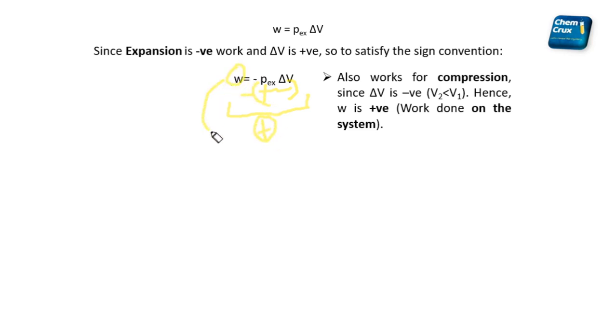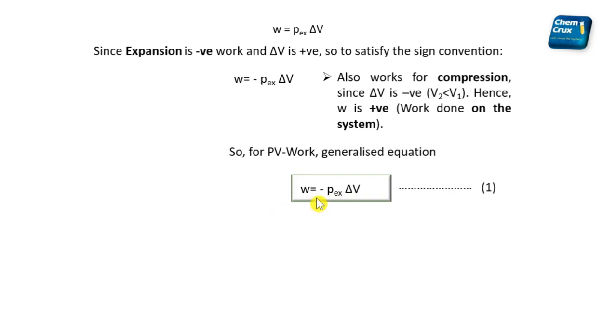And as we know, compression work is actually work done on the system, and the sign convention is positive. So yes, the sign convention is getting satisfied for compression work also. So we can say that this expression is satisfying the sign convention for both expansion work and compression work. So the generalized equation will be W is equal to minus external pressure into the change in volume, right?